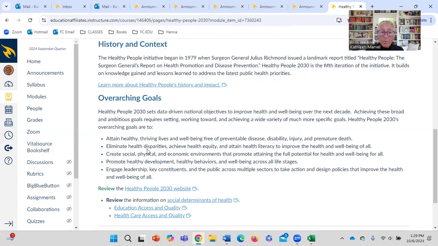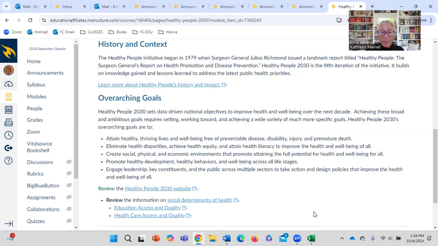Attain healthy, thriving lives and well-being free of preventable diseases, disability, injury, and premature death. Again, these are geared towards everybody. Eliminate health disparities, achieve health equity, and attain health literacy to improve the health and well-being for all. Create social, physical, economic environments that promote attaining the full potential for health and well-being for all.